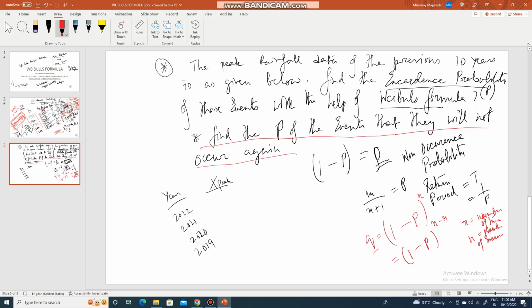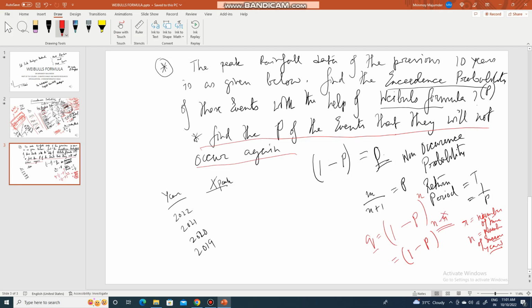future years, of course, because all these things are based on the future. N is the number of successive years. What is the probability that this event will not occur for the next n successive years for r number of times? If this is the problem, then after deducting p from 1, you have to raise it to the power n minus r.